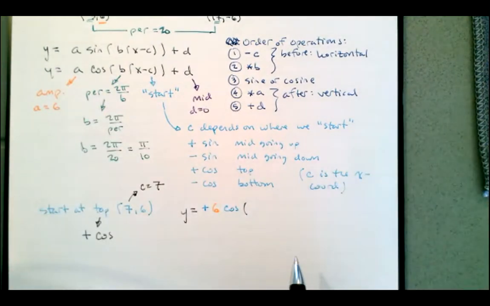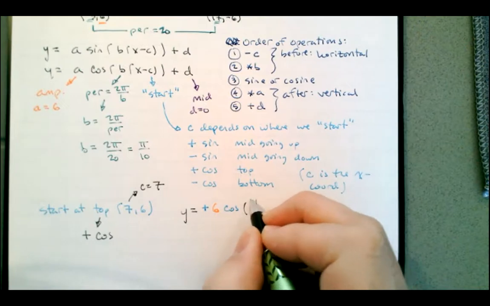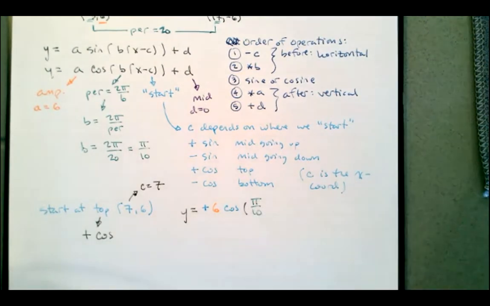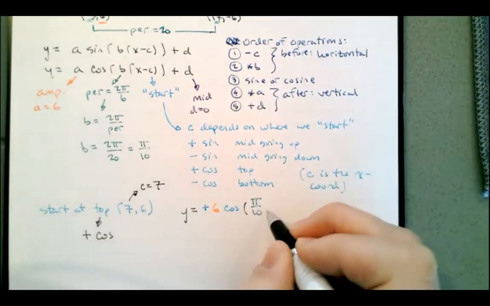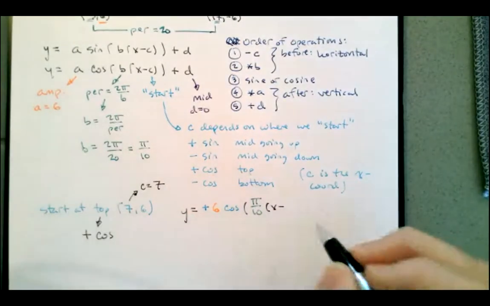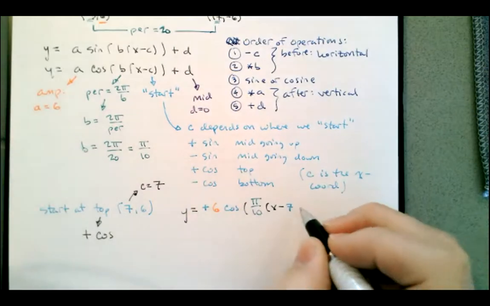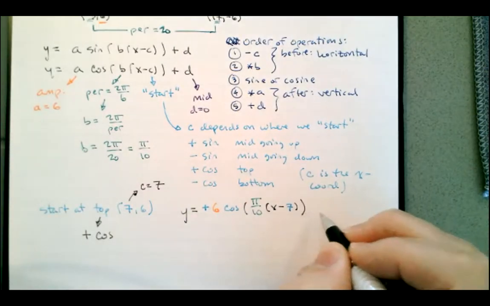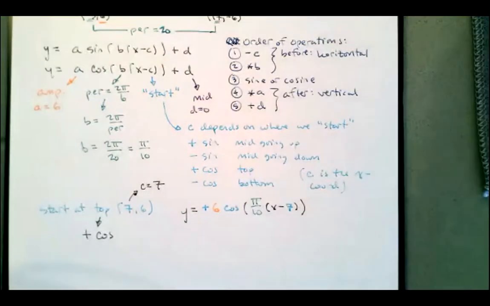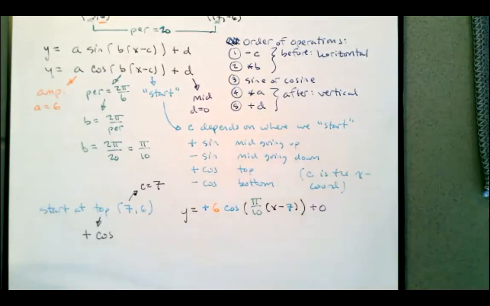B is the coefficient of the stuff inside, so B goes in after the cosine parentheses, pi over 10 times x minus c, which is 7. Close the x minus c, close the cosine, and then plus d, which is 0. I wouldn't write plus 0 normally, but I'm emphasizing where things go.